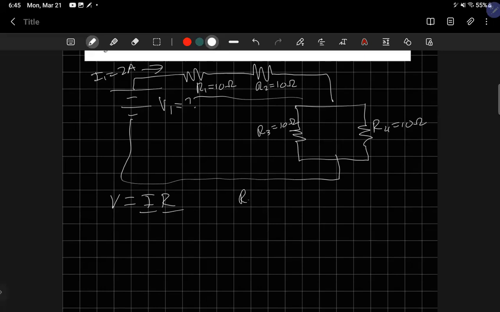Does anybody remember how to add resistors that are in parallel? Add them up in fraction format, with the resistance in the denominator, and then once you're done adding them up, you flip it around. So you take the reciprocals of all of your ones that are in parallel, and then you take the reciprocal of that.